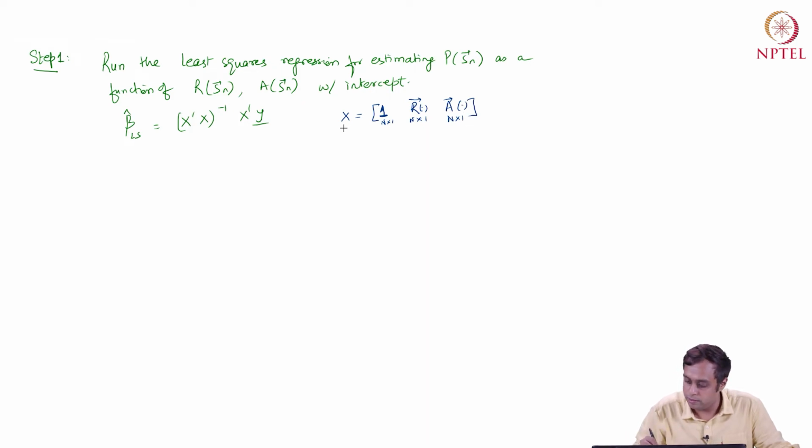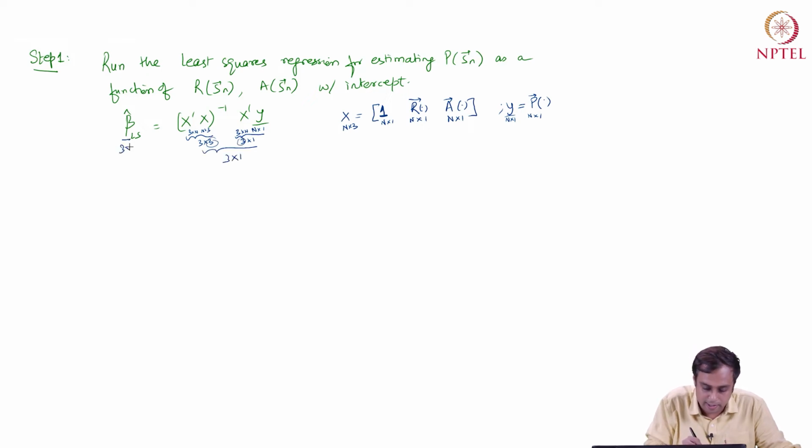So X by itself is n by 3, and y is nothing but the price vector, which is n by 1. So beta hat LS is made up of 3 by n and n by 3, so overall 3 by 3, inverse, which is 3 by 3, times 3 by n and n by 1. So I'm looking at a 3 by 1. They are conformable, perfect. I have finally a 3 by 1 vector.